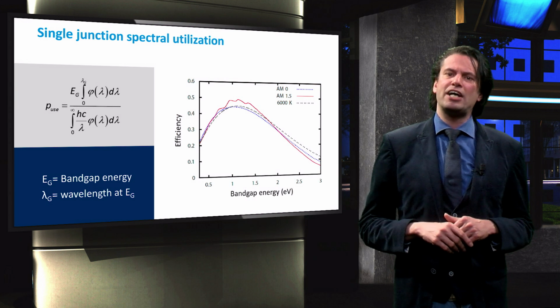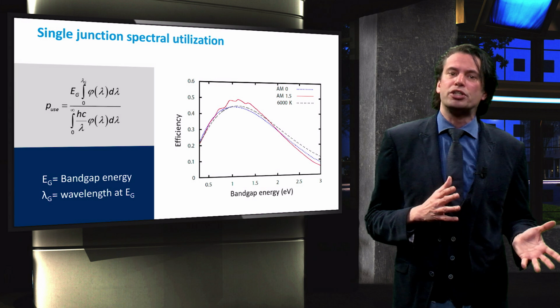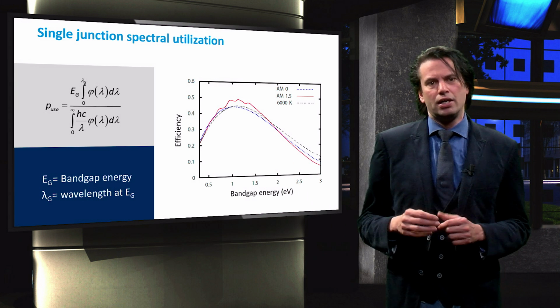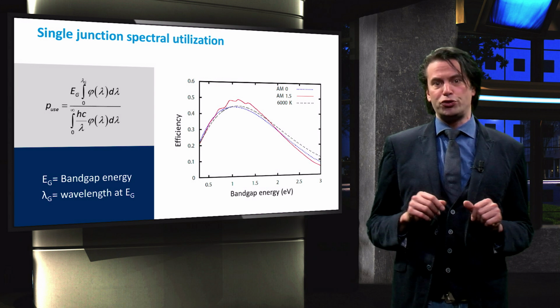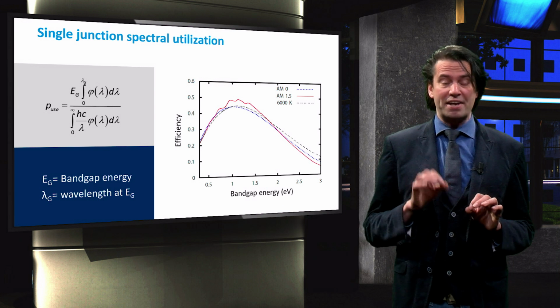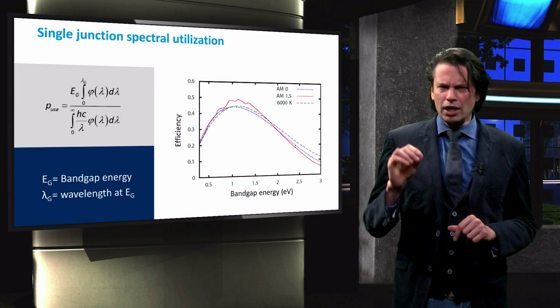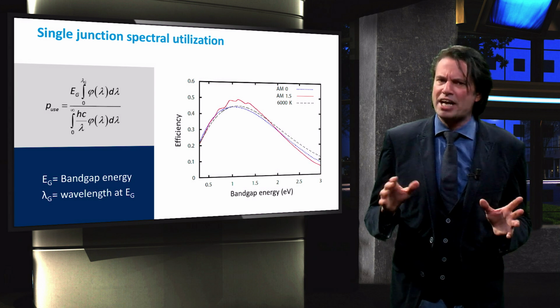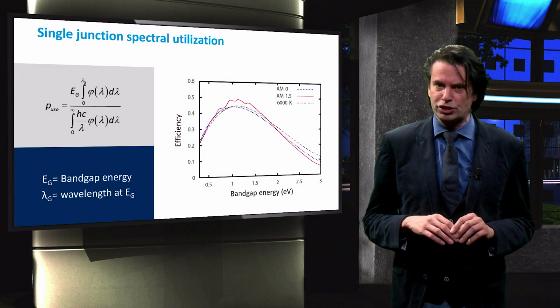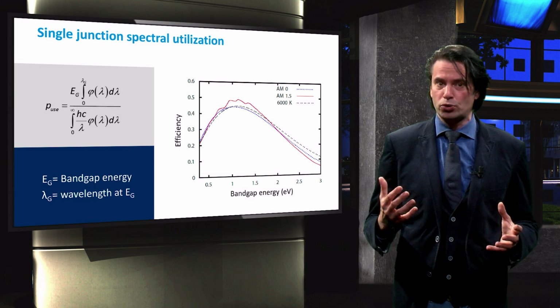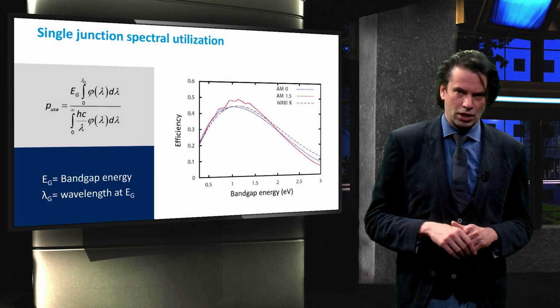This figure visualizes the trade-off between using an absorber layer with a large or a small band gap energy. It shows the fraction of usable energy as a function of the band gap energy of the material. The usable fraction is also known as the ultimate conversion efficiency, since it's the efficiency of the solar cell without absorption or collection losses.